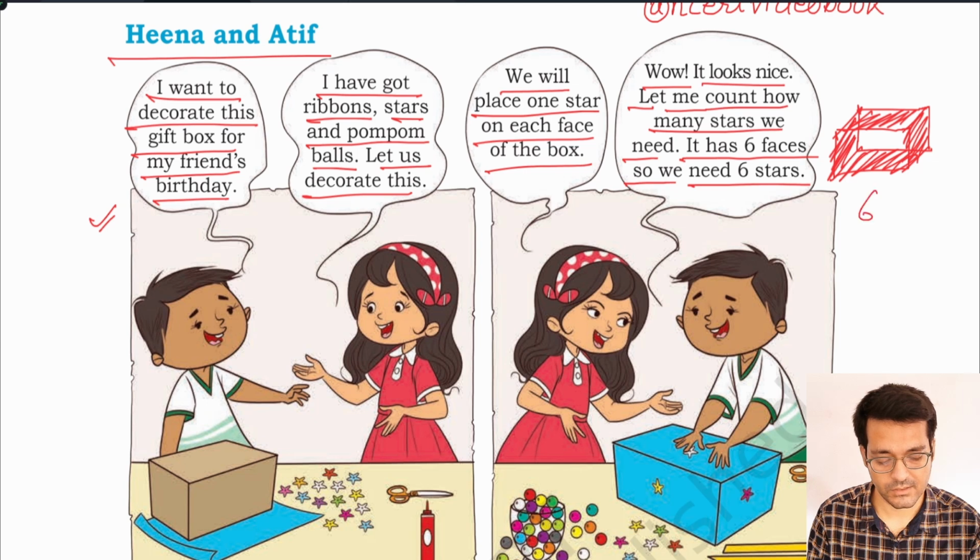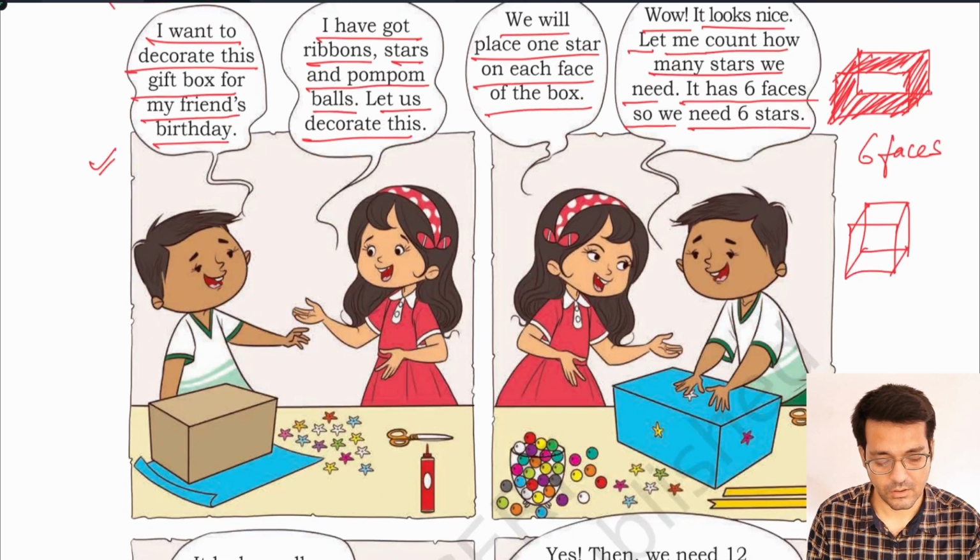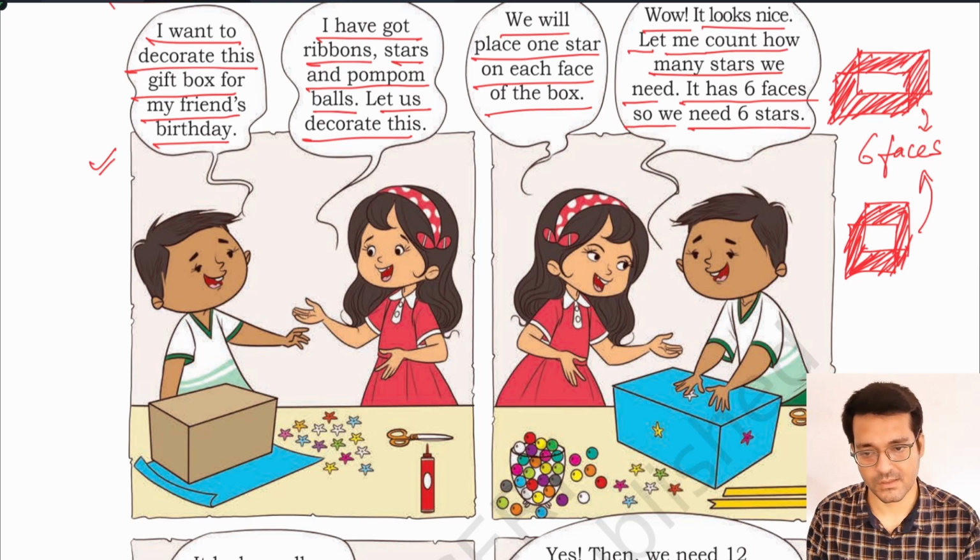There are 6 faces. Similarly, there are 6 faces in a cube too. You can see 1, 2, 3, 4, and one in front and one in back, that is fifth and sixth. So cube and cuboid have 6 faces.